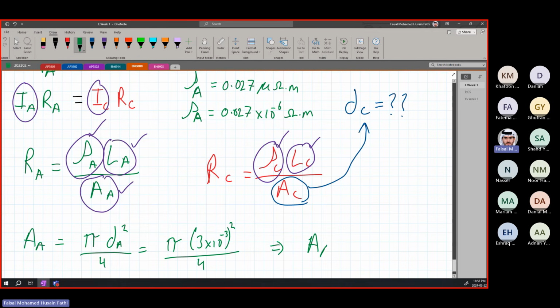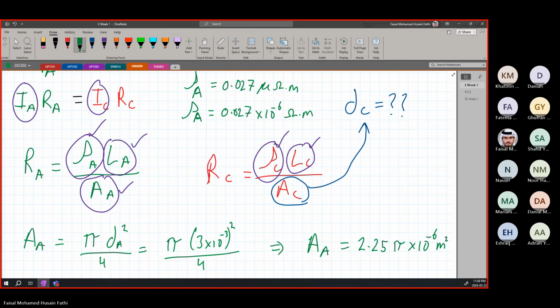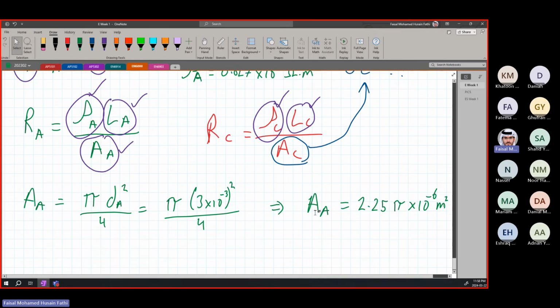Therefore, AA is equal to 2.25 pi times 10 to the power of minus 6 meters squared. So we found our AA.